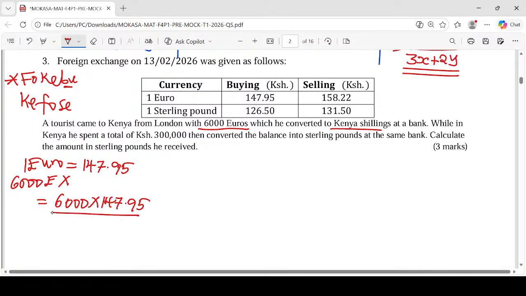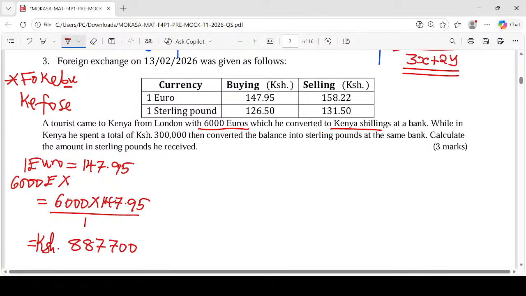Then you divide this by 1. Remember to be very accurate, 6,000 times 147.95 is giving you 887,700 shillings.